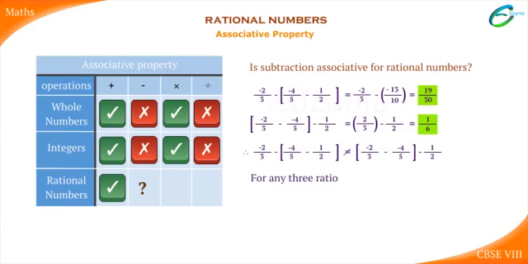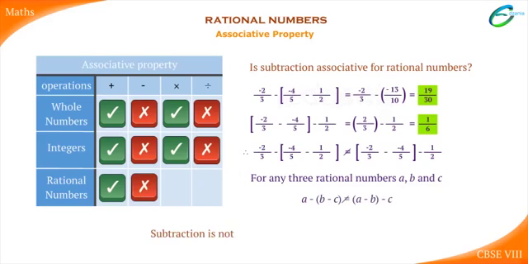Thus, for any three rational numbers a, b, and c, (a - b) - c is not equal to a - (b - c). Therefore, subtraction is not associative for rational numbers.